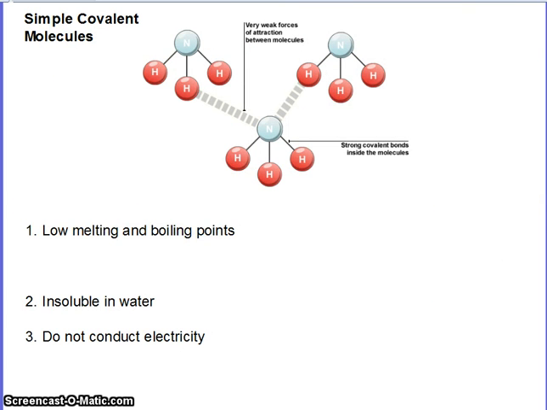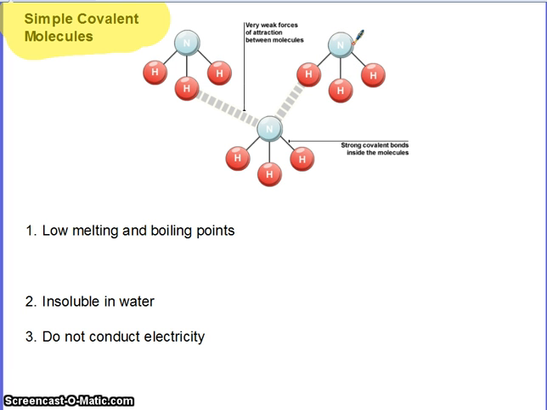Now, all the covalent substances we've been looking at thus far are termed simple covalent molecules. Okay, they're all referred to as simple covalent molecules. That's a type of substance. And you can see here, these are ammonia molecules.